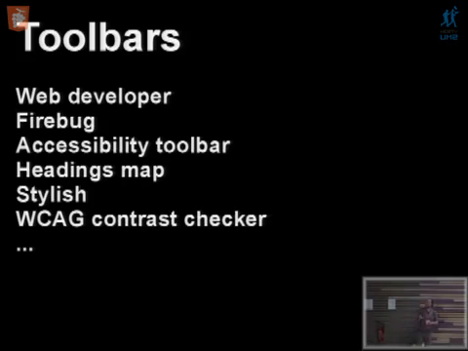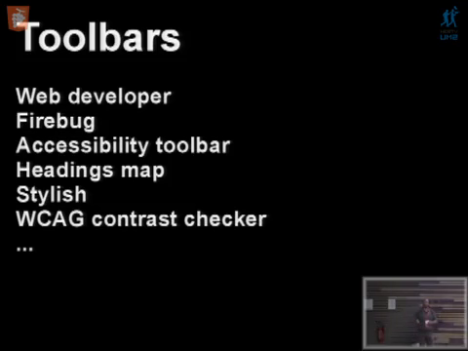Another toolbar, the accessibility toolbar, brings you efficient shortcuts to go to a direct test, but it's not enough. So you may use headings map to check the structure of the headings, the tags H1, H2, H3, and so on.